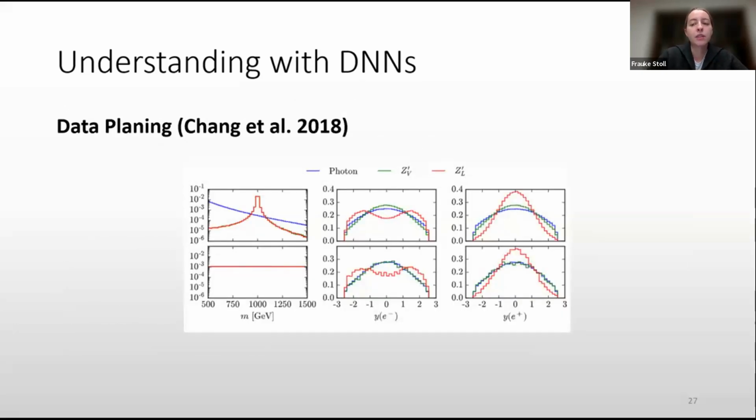This is an XRI method that is used on a deep neural network that classifies events as signal and background, so as something new versus known physics.